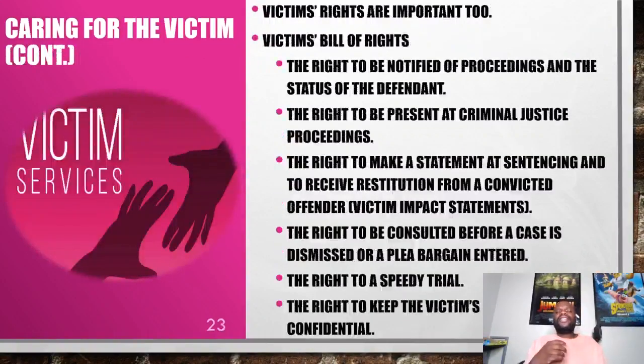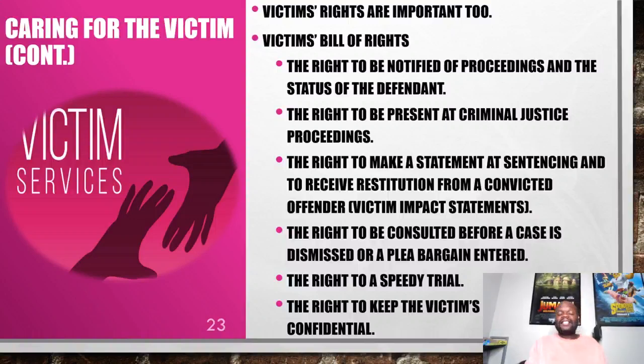And so when looking at victims, and recognizing that victims have services, one of the safeguards, so to speak, is what's called the Victim Bill of Rights. The Victim Bill of Rights offers certain key inalienable rights that victims have.